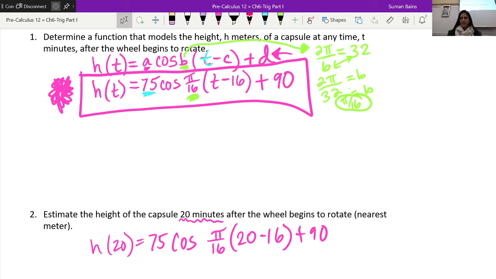I feel like this might be the first time this is coming up.